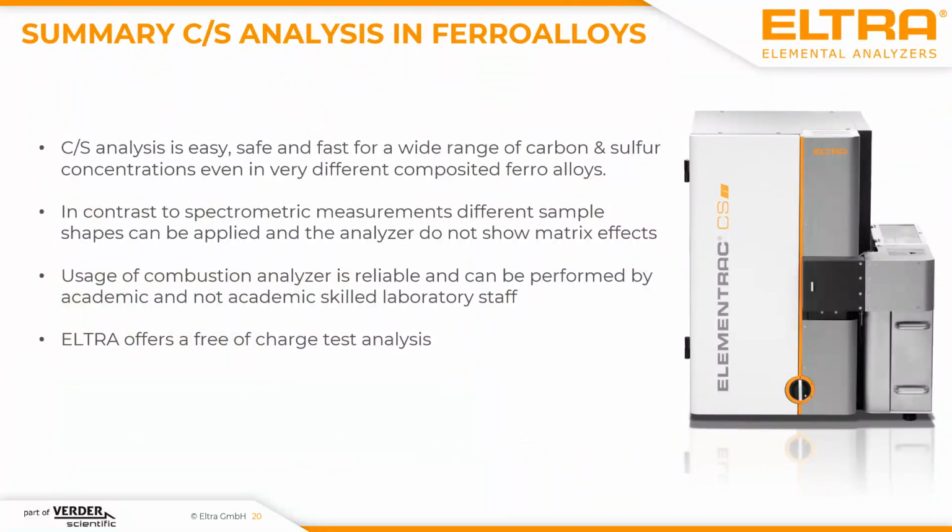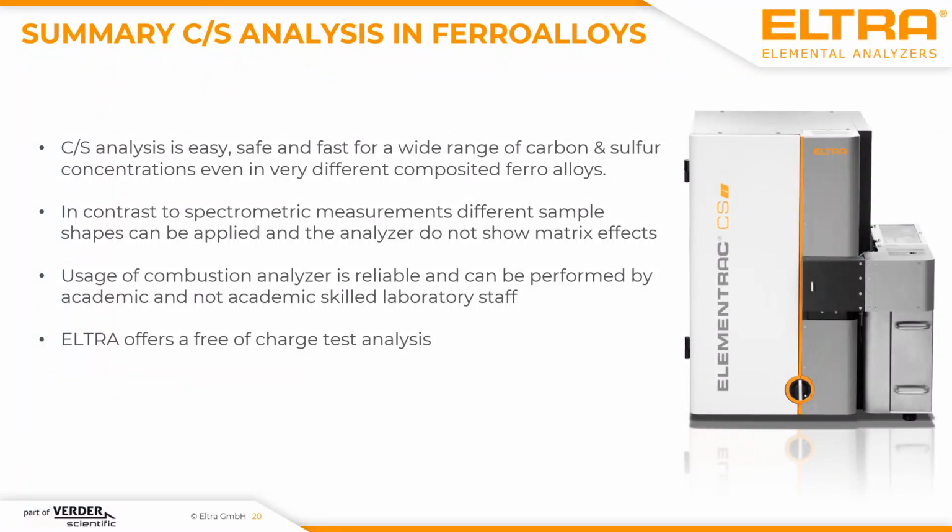As seen before, carbon and sulfur analysis in ferroalloys can be very easy. You just log in the sample in the software, put your sample in a crucible, add some accelerator, press start in the software, and then you get your results after 60 seconds. And this is sufficient to work for a starter.